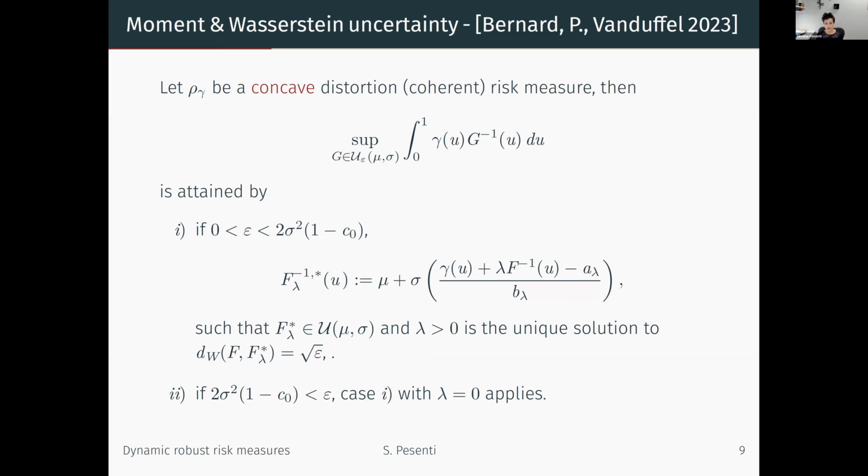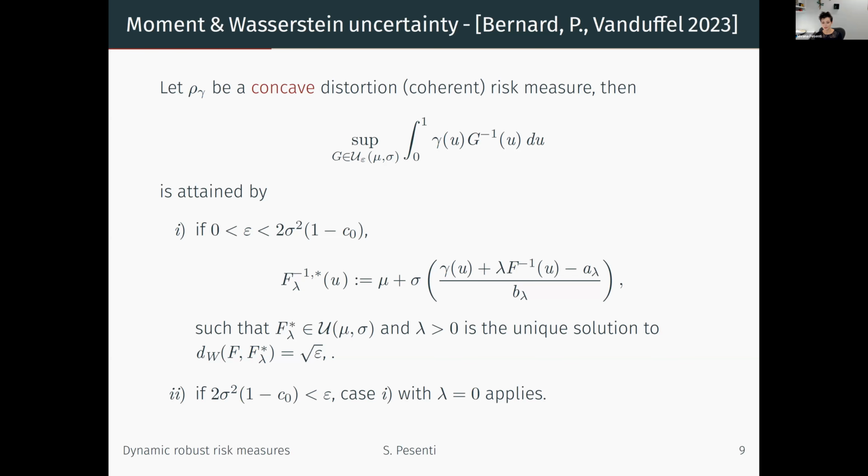What you see here is again a linear combination of your reference quantile function F and the distortion risk measure gamma. But you have a few parameters here.